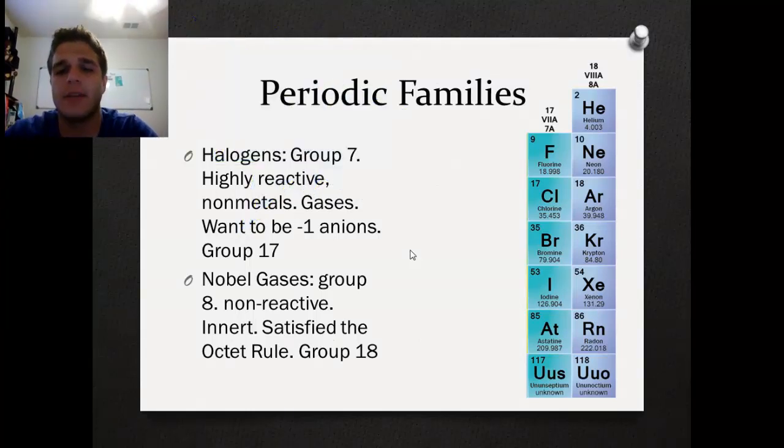Neon, argon, krypton, xenon, radon, etc. all have that full octet. And as I said before, the metal that follows the noble gas in the next period tends to be active to become like the nonmetal before. So, for instance, sodium really wants to be like neon, so it'll give up that electron.